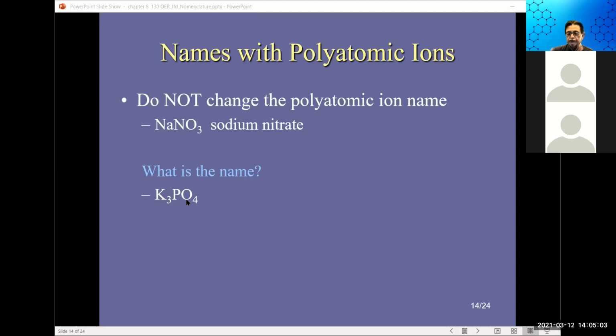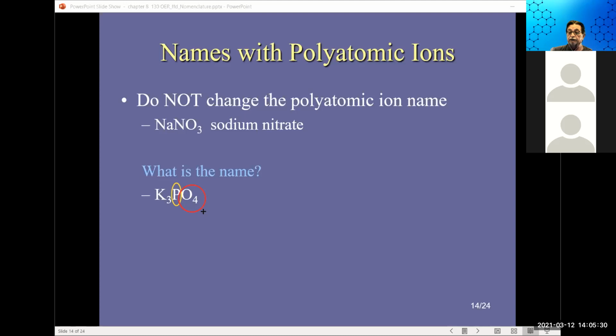Then what follows is the phosphorus, and you might think maybe I'm dealing with a phosphide, but what's immediately following that phosphorus are oxygens. So that's a flag to say polyatomic ions.